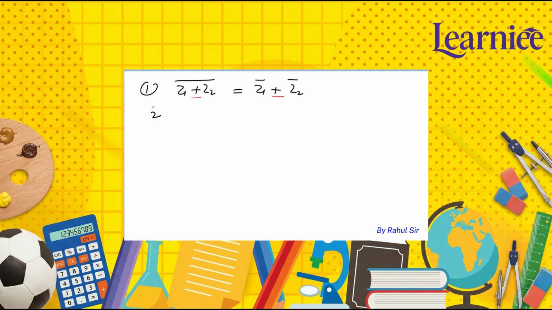Similarly, if the product z1 z2 is there, then the conjugate is also separated. Same with the addition. Let's say division, z1 by z2: if I take the conjugate overall, then this is the conjugate of the separate ones. Yes, you can cross check it also.